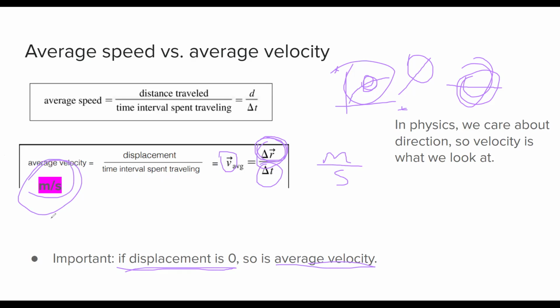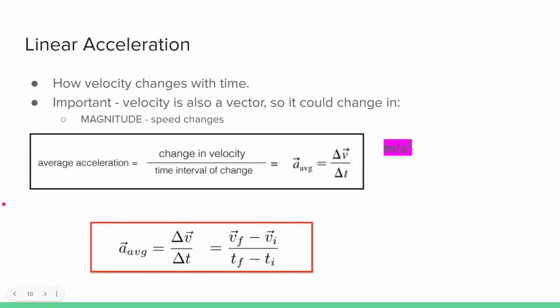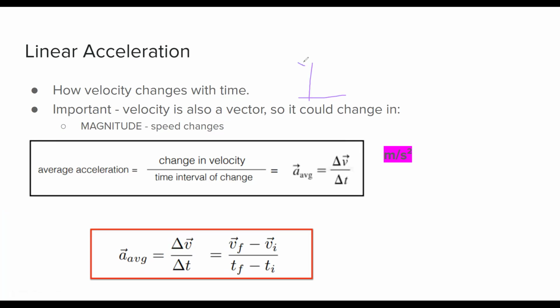So now let's move on to the next slide. We're going to talk about linear acceleration. And why do I say linear? Because there's also rotational that we'll talk about. But linear acceleration is the third thing that we're talking about. So now we're going one step further. Like I said, we had that displacement versus time graph.